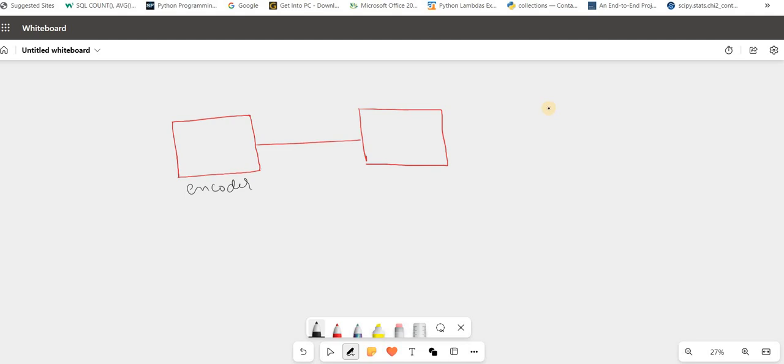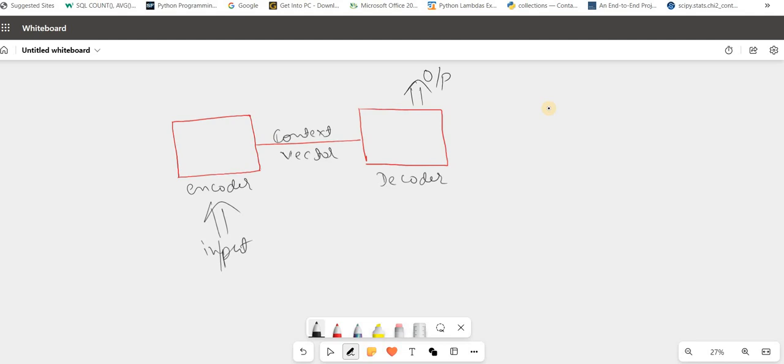This is the encoder, this is the decoder, and the center part you are seeing here is called the context vector, or in some places a summarizer. Here we will give the input, and here we will get the output. This is the high-level architecture of the encoder decoder.